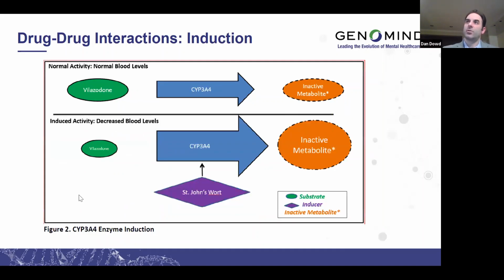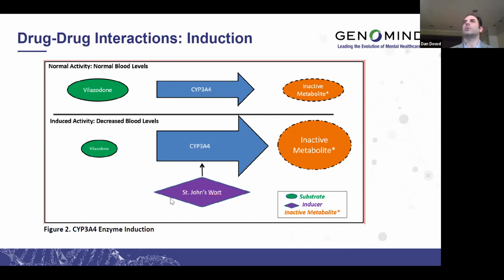On the other side of the coin is enzyme induction. Okay, let's take vilazodone as an example. Vilazodone is sensitive to 3A4 metabolism. It gets broken down into an inactive metabolite. If you happen to take St. John's wort, an over-the-counter antidepressant, supposedly, St. John's wort will amplify the effects of 3A4.